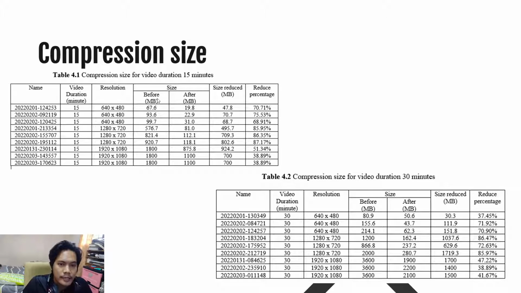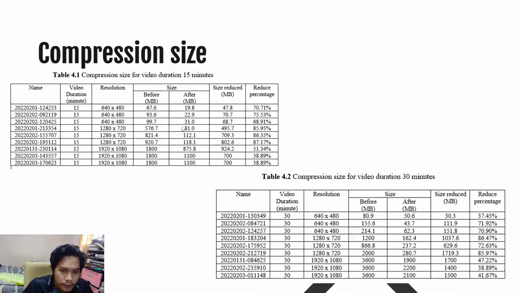So from here we can see the file size before and after compression. On the 480p, before this the size is 67.6 megabytes, and now the size becomes 19.8 megabytes. So the size reduced is 47.8, the reduced percentage is around 70%.